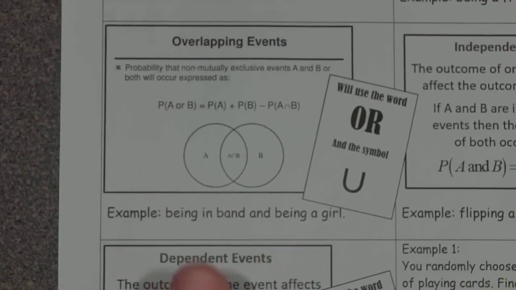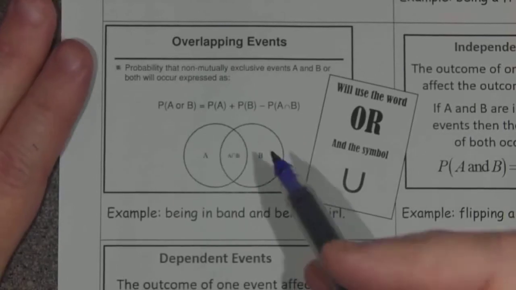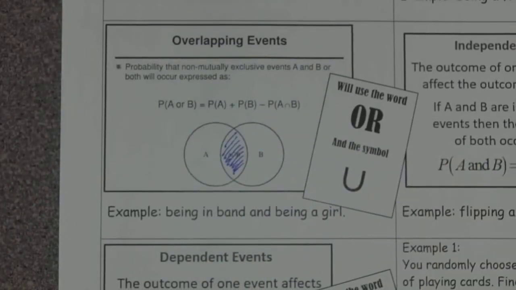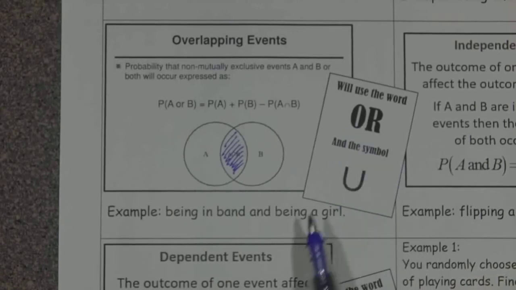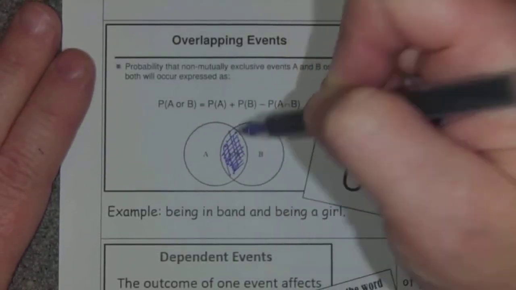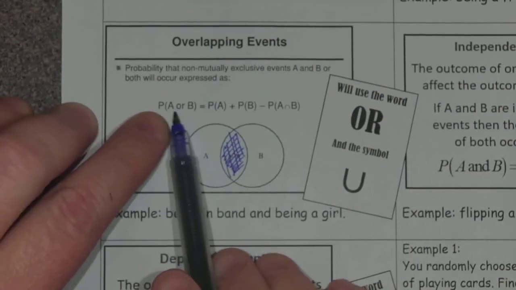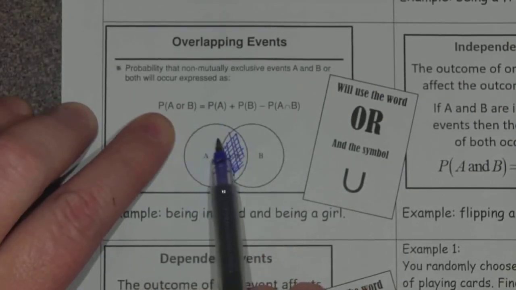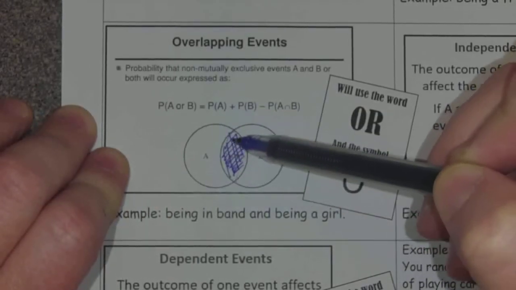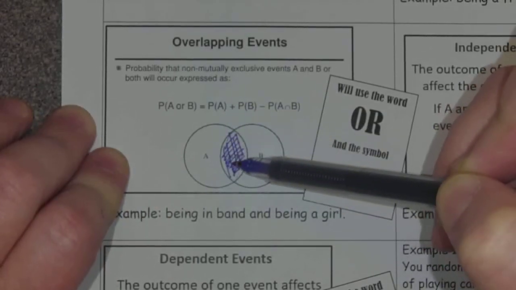Another kind of probability we're going to find today is called overlapping events. Now, when we look at it on a Venn diagram, the overlapping events are this part inside here, right? So we're looking for, again, the word or. This time, with these overlapping events, it says find the probability of A or B. Well, A or B can't be A and B. This part right here would be the A and B, right?